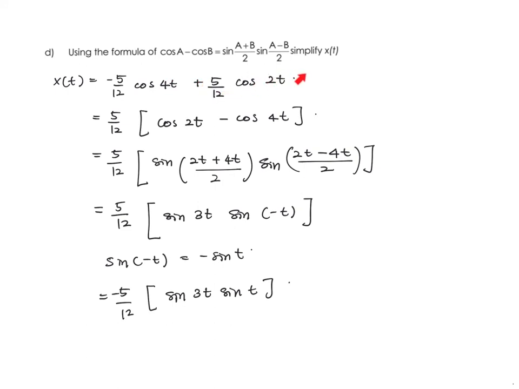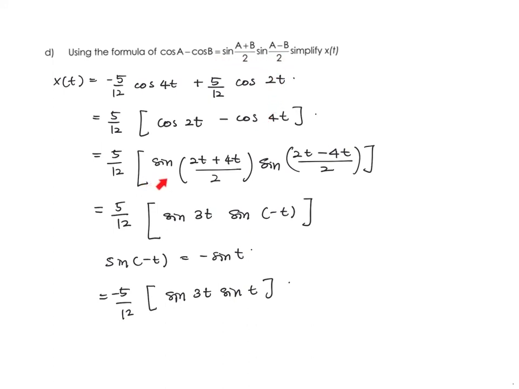Okay, so first we factorize 5 over 12. Next cos 2t minus cos 4t. So this one is A, this one is B. Okay, substitute into this formula.